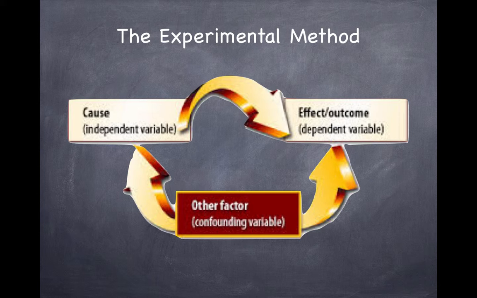So if I'm going to be doing a bit of research on stress, and I'm going to measure stress by heart rate, respiration, and blood pressure, and then I think that meditation is going to play a big role in keeping someone in a de-stressed condition, then the independent variable, the thing that I'm going to manipulate, is adding meditation.